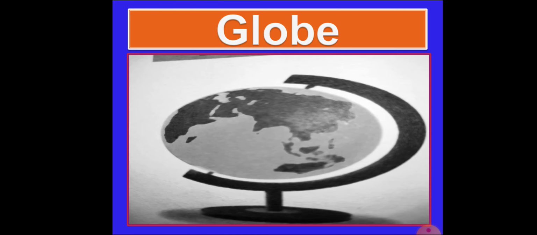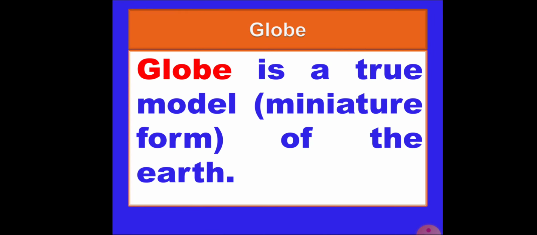On the globe, countries, continents and oceans are shown in their correct size and location. Here you can see the definition of the globe. You can note it down in your notebook.